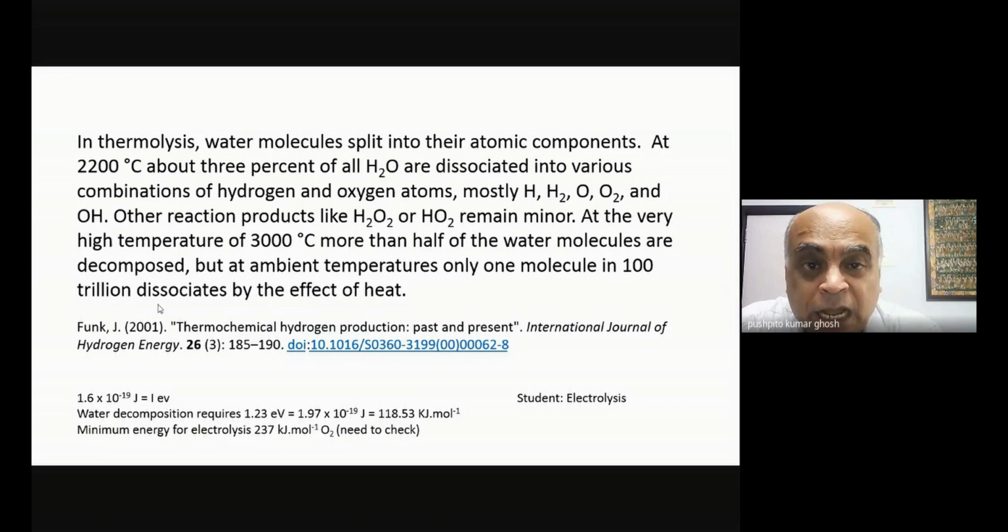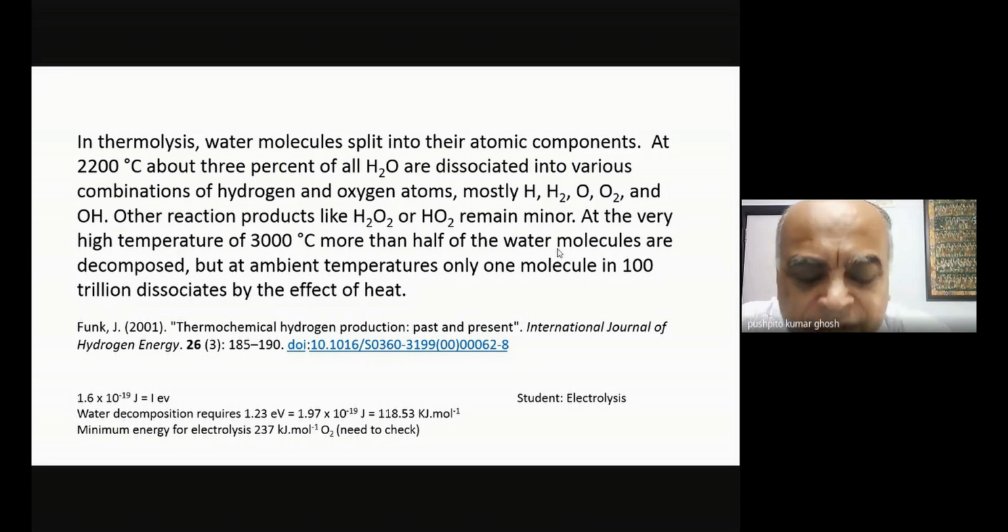Now, if you are heating water to 2200 degrees centigrade, even then only 3% of the water will break up into things like hydrogen, oxygen, etc. At 3000 degrees centigrade, about half the water molecules will get decomposed.